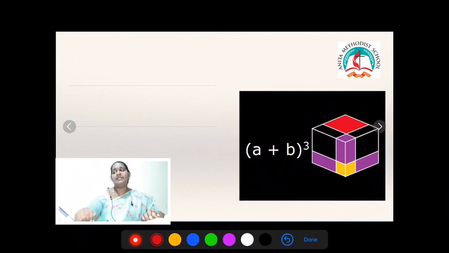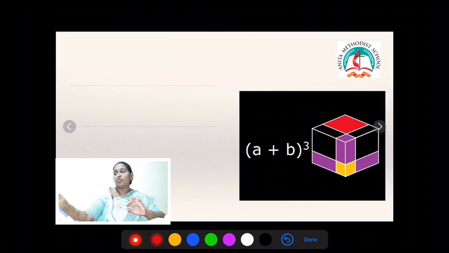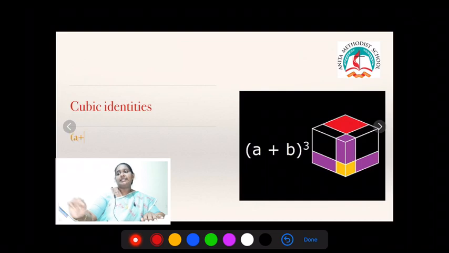See this, children. The side is given as a + b. How do we find the volume of this cube? So the volume of this cube gives the cubic identity.